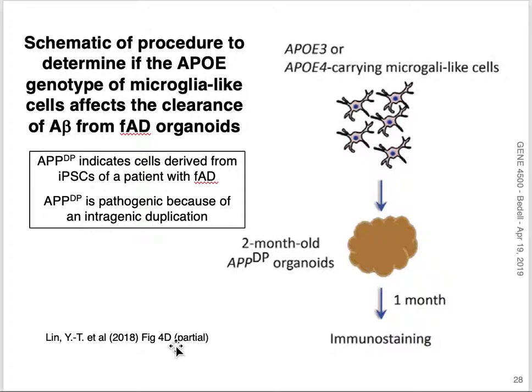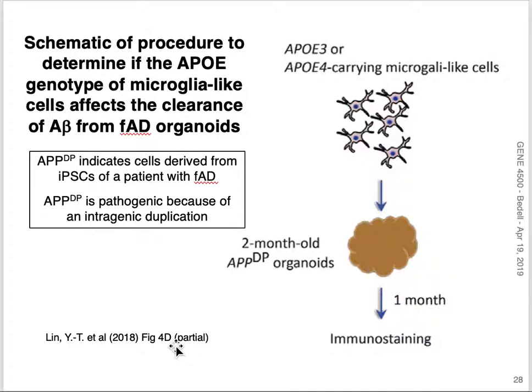But what they did was they were able to make these organoids that have the Alzheimer's genotype, but then introduce into these organoids microglia, which can move around like other macrophages, and see if they can penetrate into the organoid, and then what happens.